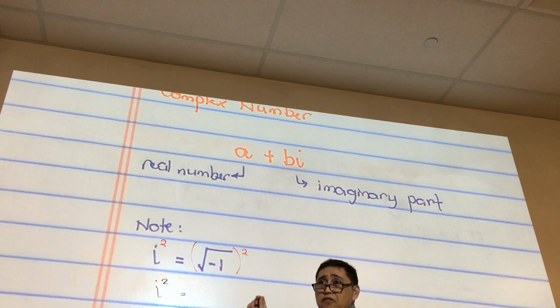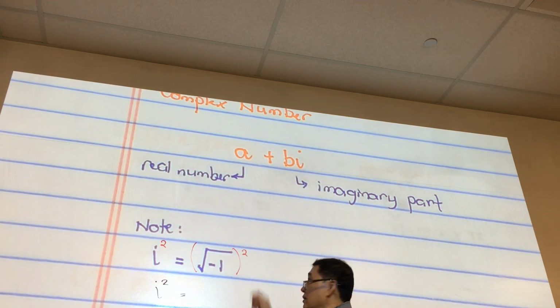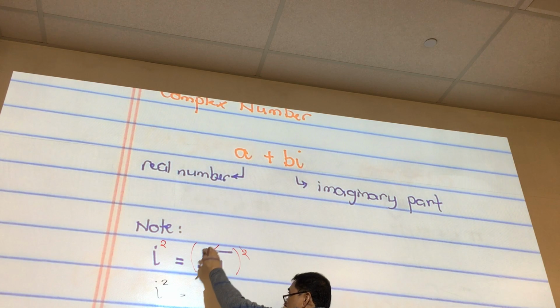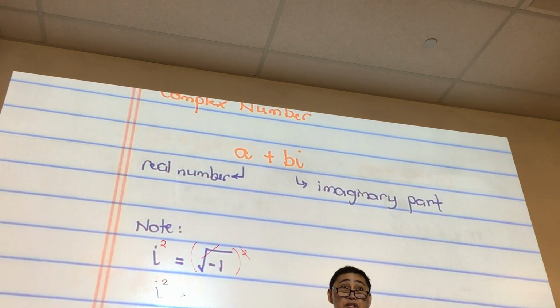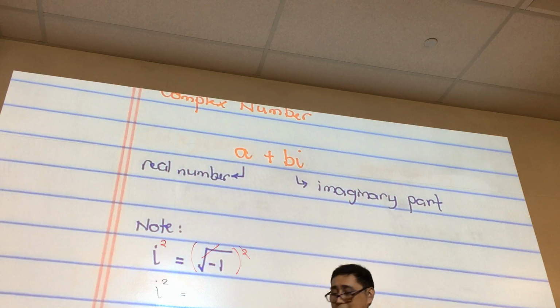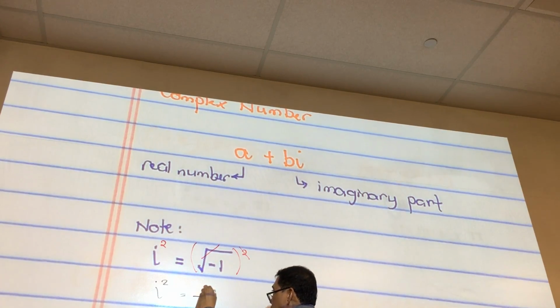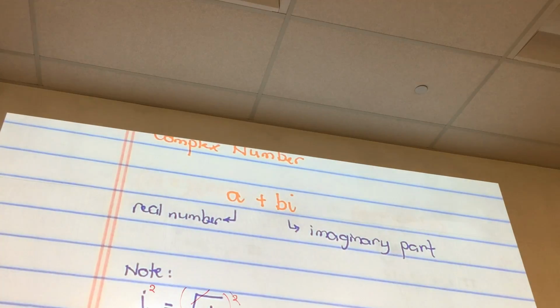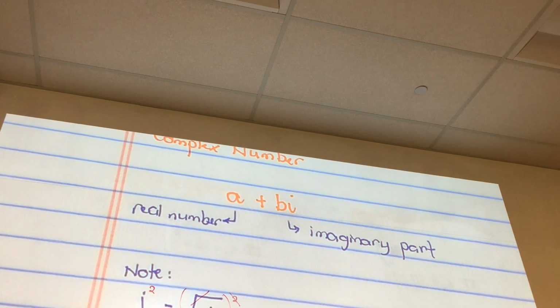Now, simplifying a square root and a square, remember what we did last time? Just crossing those out. What's left? Please write the new formula for i squared. i squared is just -1.